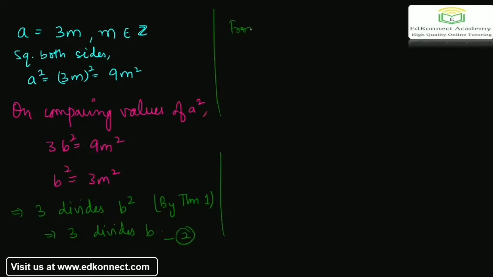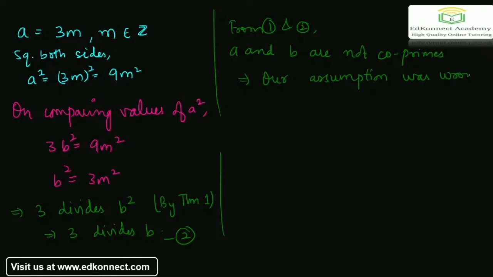Now from 1 and 2, we get that a and b are not coprime. This implies our assumption was wrong, and hence root 3 is irrational. So this is our step 1.